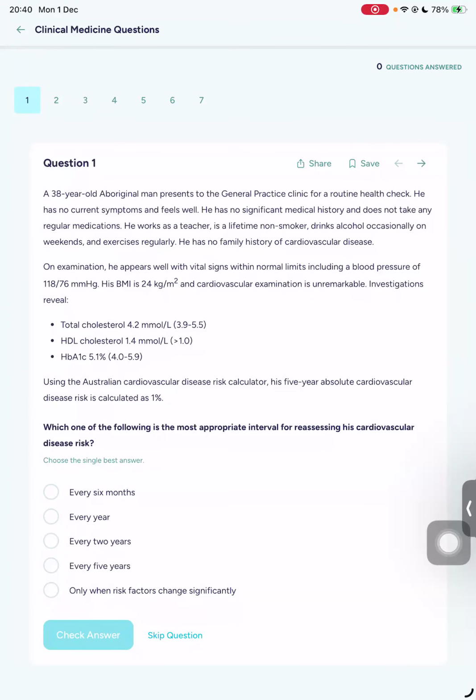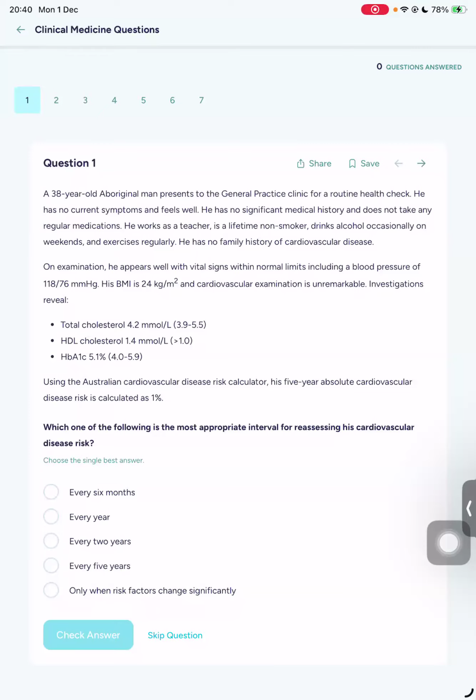A 30-year-old Aboriginal, First Nation, man presents to the general practice clinic for a routine health check. He has no current symptoms and feels well. He has no significant medical history and does not take any regular medications.